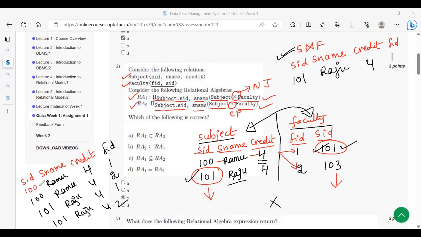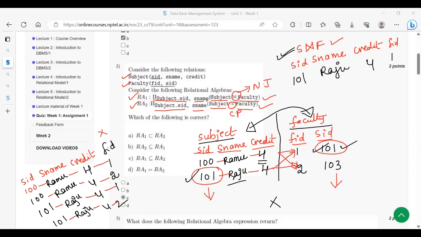That's why we have 100 Ramu 4 1 and again 100 Ramu 4 2. So two times it will come. 101 Raju 4 connects with two values, 1 and 2. So again 101 4 1 and 101 4 2. This is called a cross product.